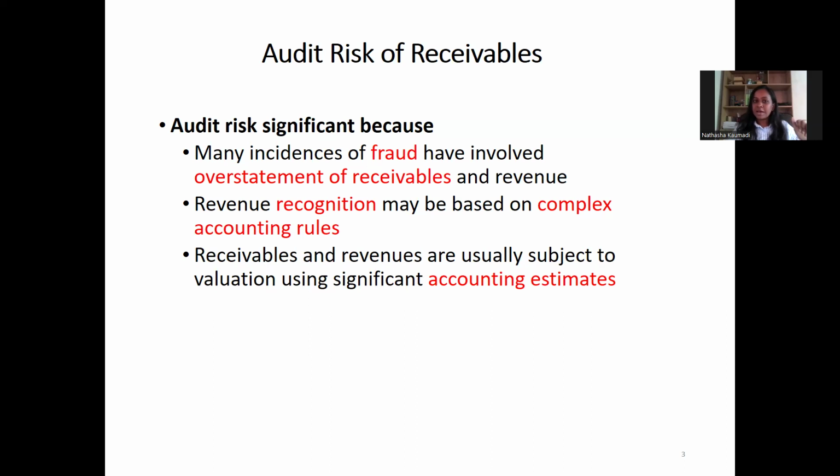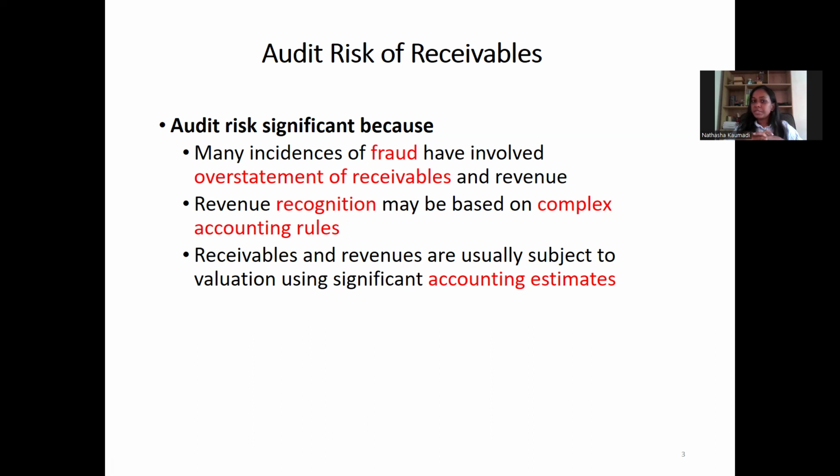So remember that example I gave you. And then the third one: receivables and revenues are usually subject to valuation using significant accounting estimates. Sometimes both revenue and receivable balances come with significant accounting estimates. Now think about a construction company.